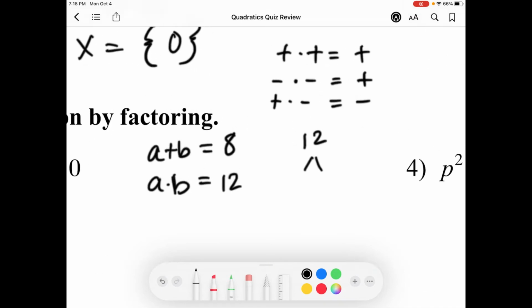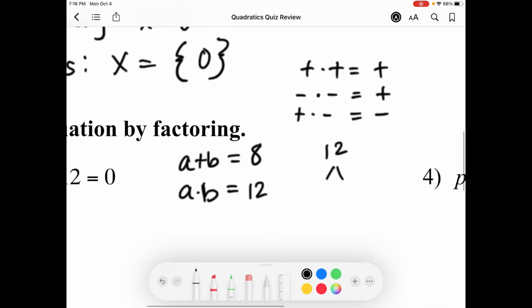So what I'm trying to get at is, if your a times b is positive, both of your signs are either going to be positive or negative. And what's going to indicate if they're both positive or negative is the a plus b. If a plus b is a positive number, both of your signs are positive. If your a plus b was a negative number and your a times b was a positive number, both of them would be negative, right?